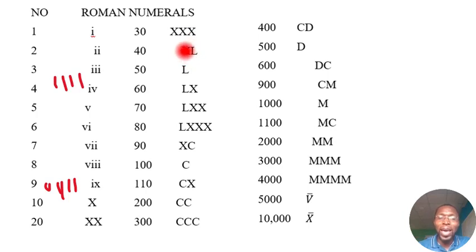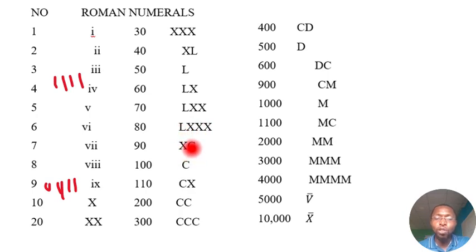So it's going to be XL because L there is 50, X is 10, that means 50 minus 10 is 40. Then L is 50, okay? So of course 60 is LX, that's 50 plus 10, that's 60. Then 70 is LXX, 50 plus 10 plus 10, that's 70. Then of course 80 is LXXX, 50 plus 10 plus 10 plus 10, that's 80.